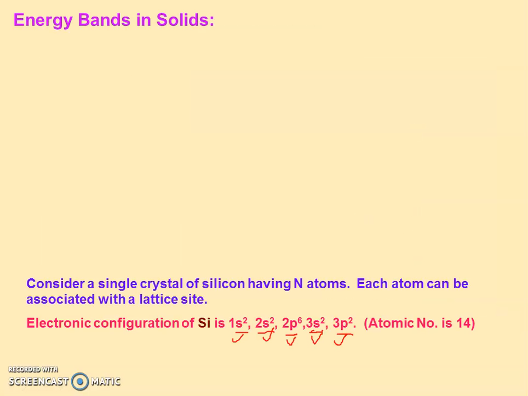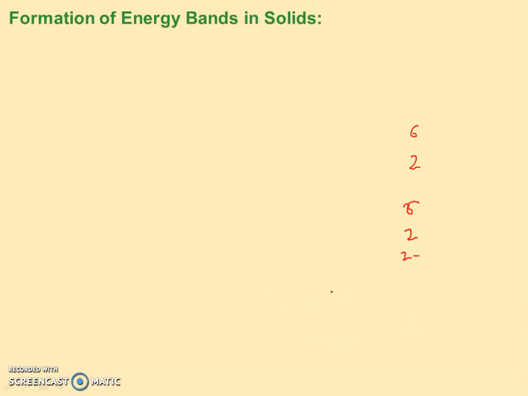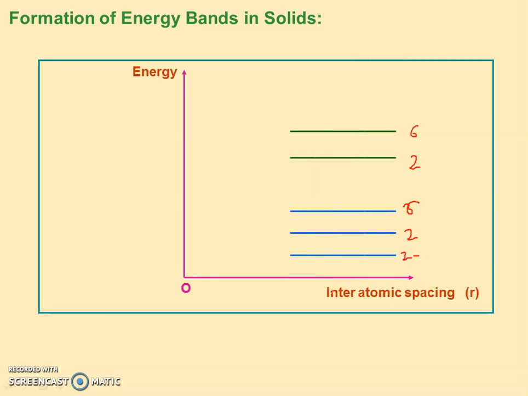But in the crystal there are n atoms. It means if there are 2 energy levels for one atom, then for n atoms there should be 2n energy levels, 6n energy levels, 2n energy levels and 6n energy levels, right? There are n atoms, right?